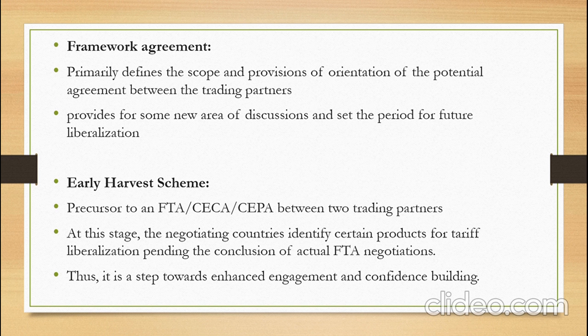And at this stage, the countries identify the products over which they want to have liberalization. By tariff liberalization, you mean tariff reduction, so that your products can have greater market access, or you can have investments in specific sectors by that country. So that is what is done in the early harvest scheme.